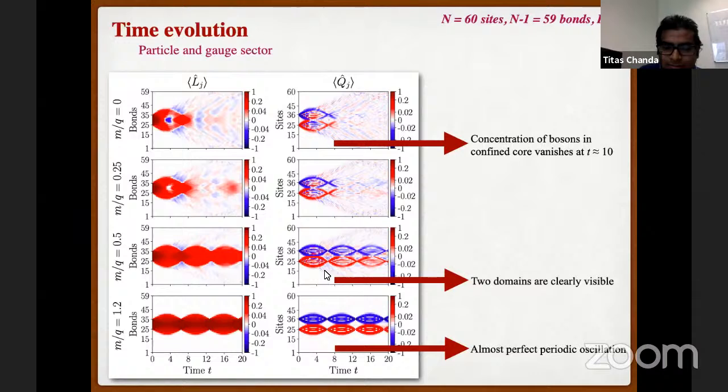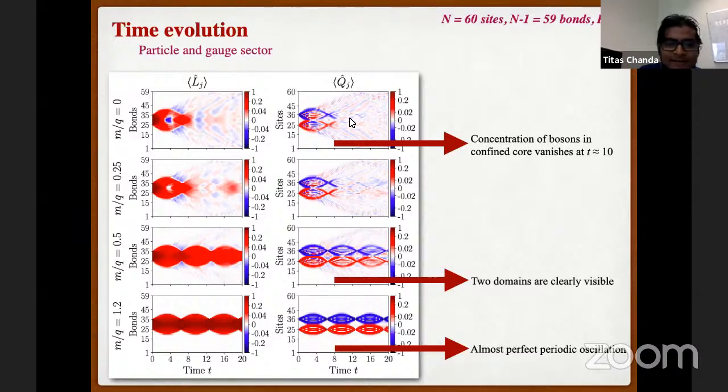And at slightly lower mass, say 0.5, we can see the radiation of lighter mesons from the boundaries of this electric field string in both figures, and we can easily perceive that there are two distinct domains. One is this confined core, and the other one is the outer deconfined region.